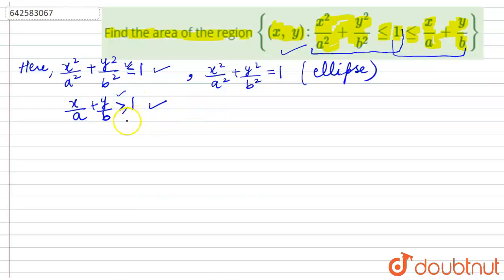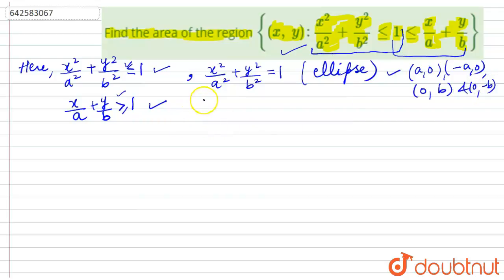For drawing the graph of this ellipse, the vertices would be (a, 0), (minus a, 0), (0, b), and the last one would be (0, minus b).